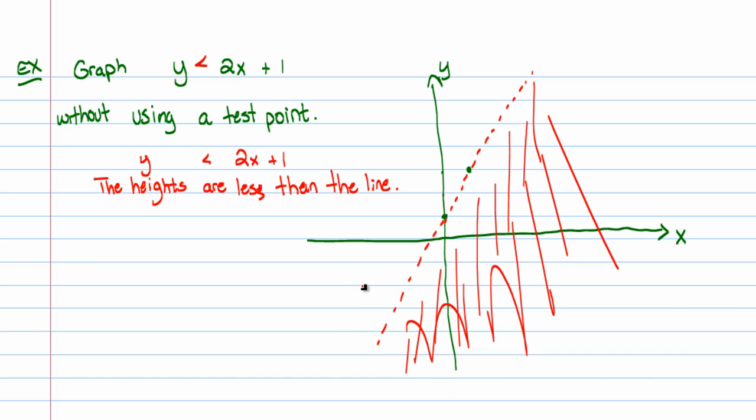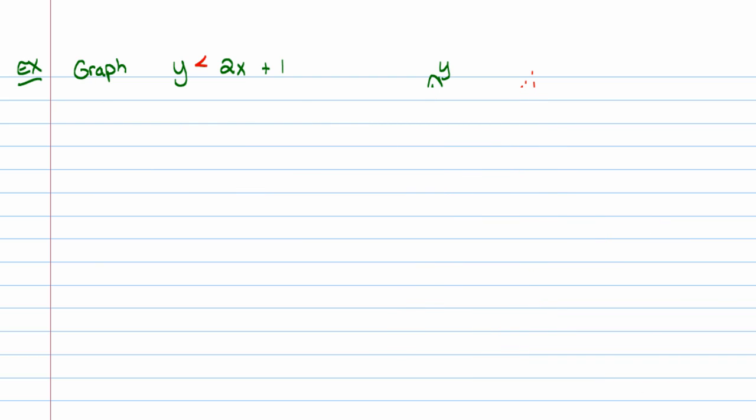You can do this all day long, making up examples that will illustrate this. Y is greater than or equal to, let's say, 3 halves x minus 4 or something like that.